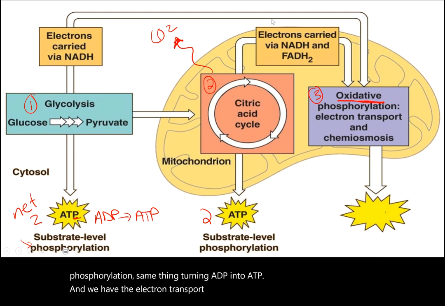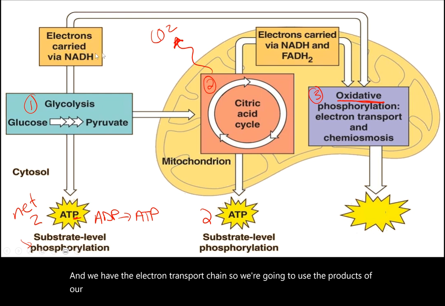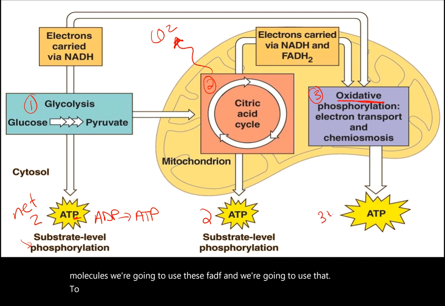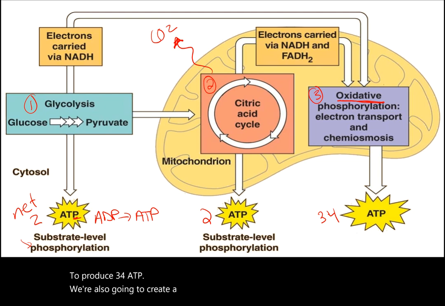So we're going to use the products of our other reactions. We're going to use these electron carriers and these NADH molecules. We're going to use these FAD, and we're going to use that to produce 34 ATP. We're also going to create a waste product, and that waste product is water.